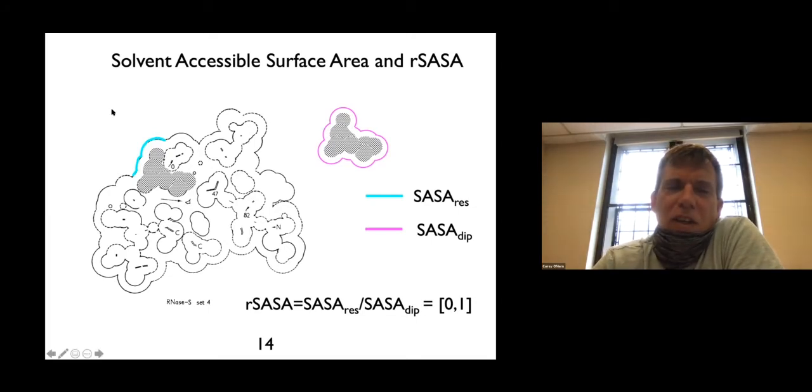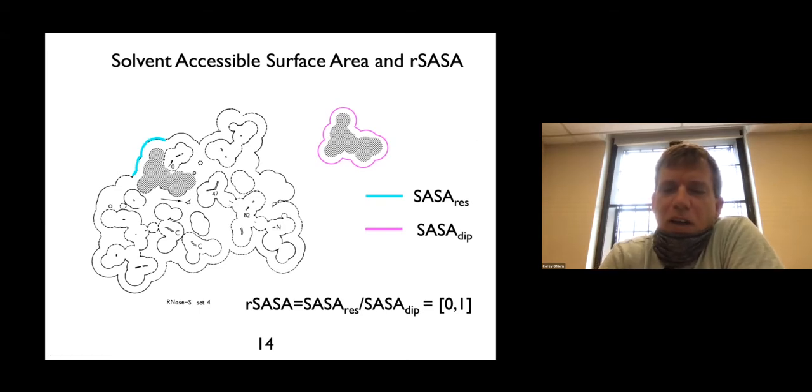So we don't just get the easy outside of the protein, we actually go in and see whether water molecules can go into the interior layers of the protein to determine the solvent accessible surface area.